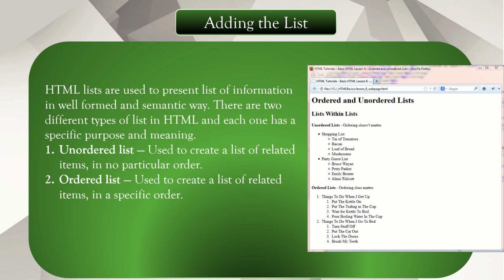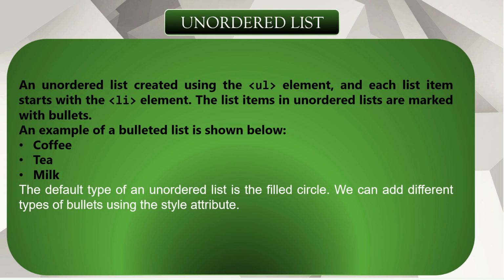So if we talk about the unordered list, it will be created using the UL element, and each element will start with the LI element. Got it? And this is the example. Again, a second example I have is your bulleted list.